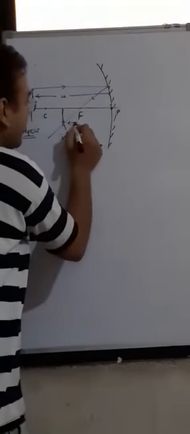This object distance from the pole is given by u, and the distance between the image and pole is given by v.